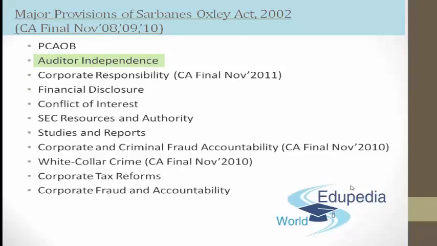The auditors' independence, including outright bans on certain types of work for audit clients or pre-certification by the company's audit committee or any other stuff. So auditor independence will also be covered over here.